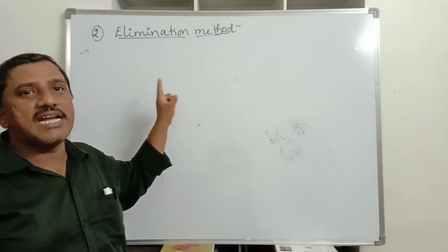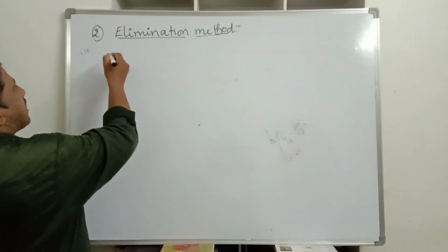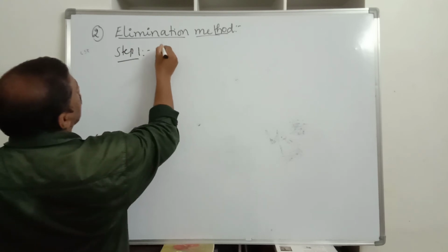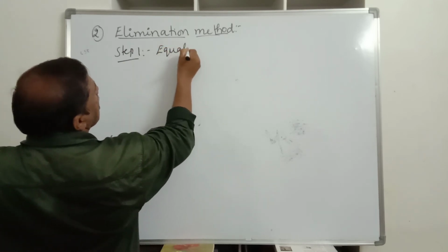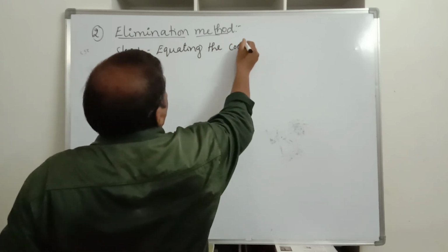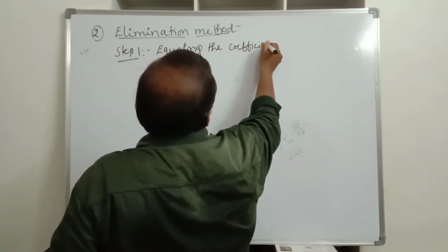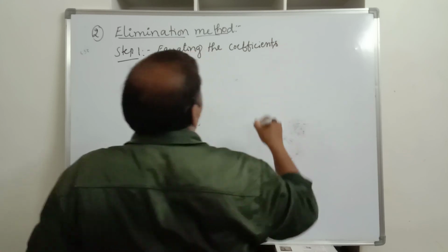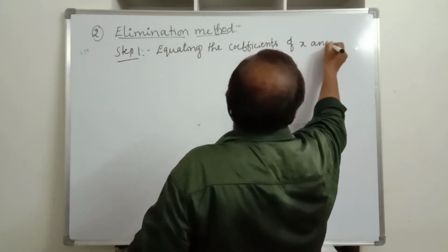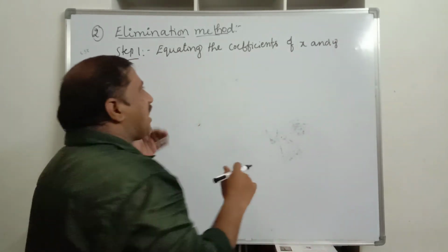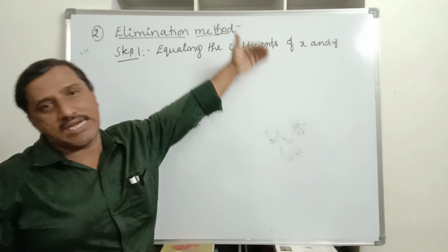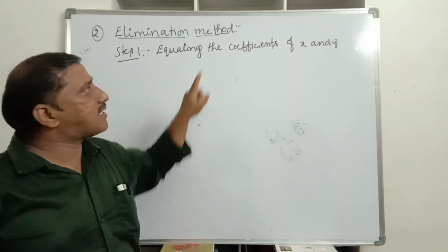Step 1 is equating the coefficients. How do we equate the coefficients of x and y, that is, the variables? We can equate either the x coefficients or the y coefficients. That is the first step.